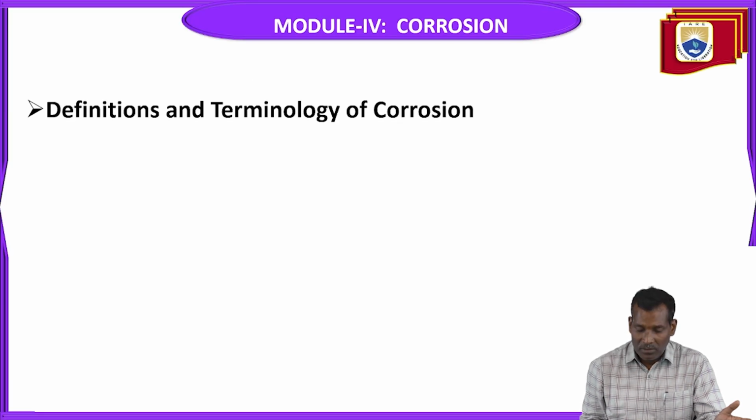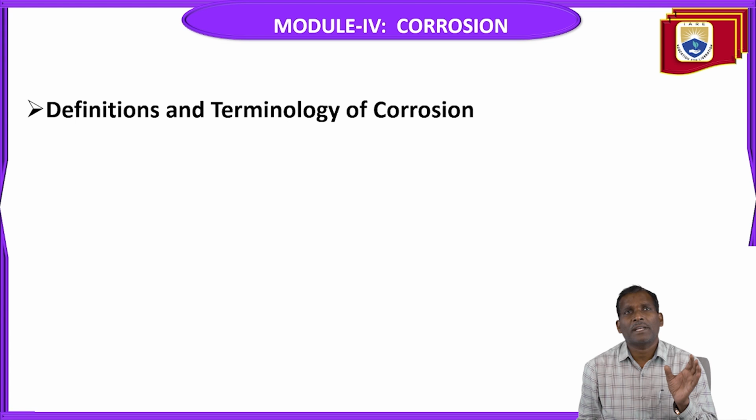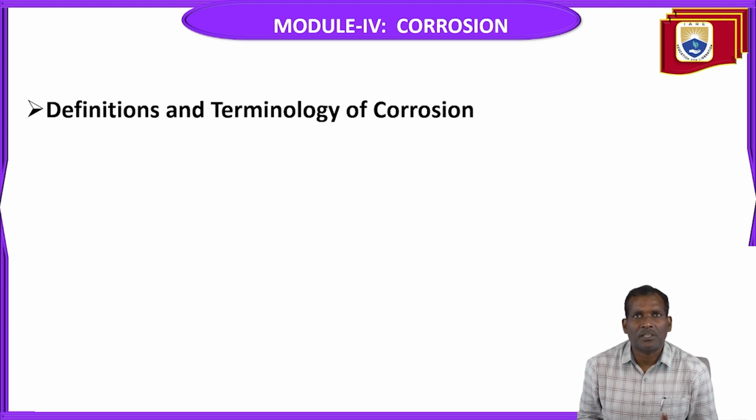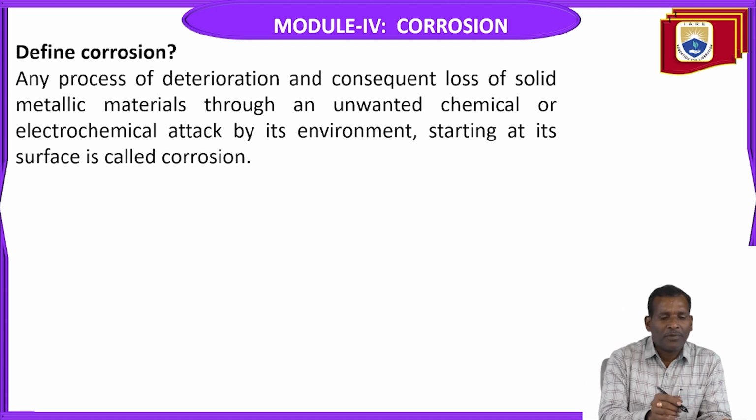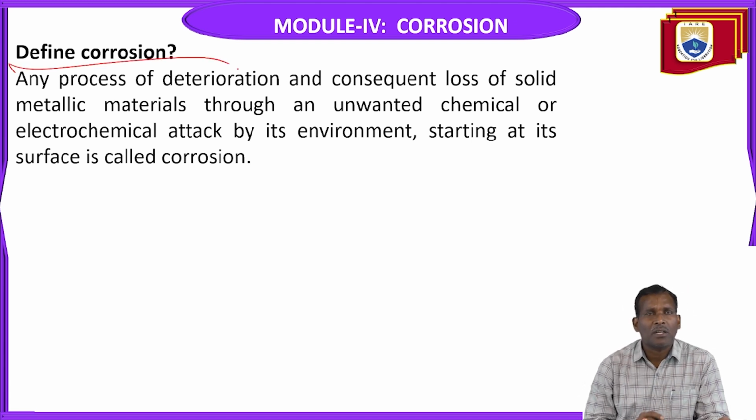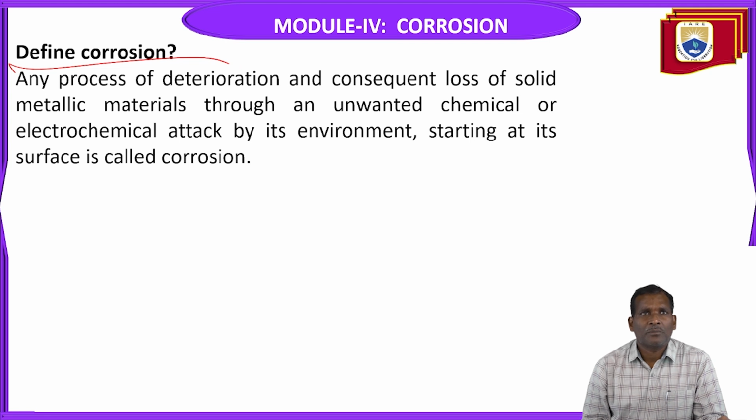So now we will see the important definitions and terminology related to corrosion. The important term in the corrosion topic: define corrosion. Sometimes in examination they will ask, what do you mean by corrosion?